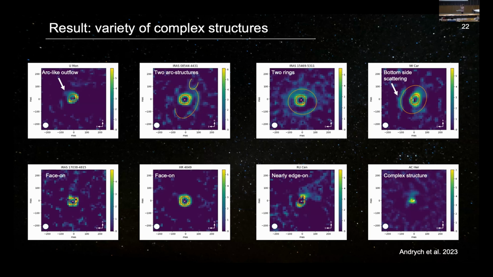So this dark innermost part on nearly every image is not the inner rim of the disk, it's more of an observational bias effect, because we can't resolve the inner rim of the disk yet. However, as you see here, we found a range of different substructures and different orientations and sizes of the disk. In terms of substructures, we found that some systems have outflows, additional rings, arcs, and also scattering on the opposite disk side.